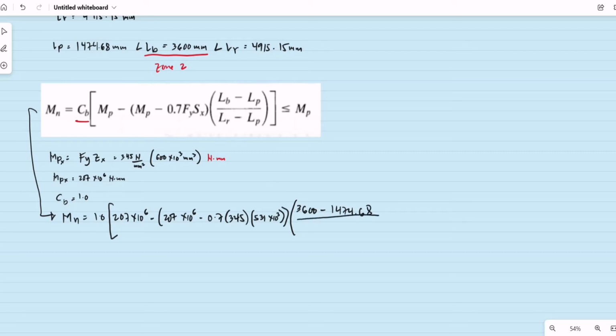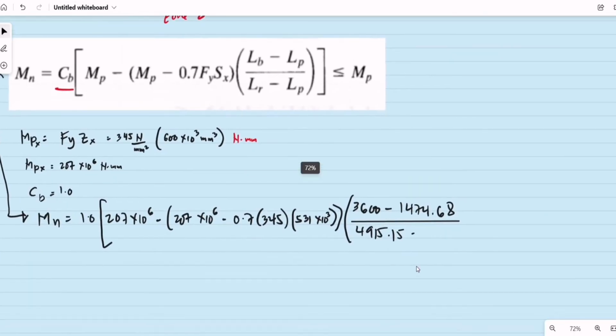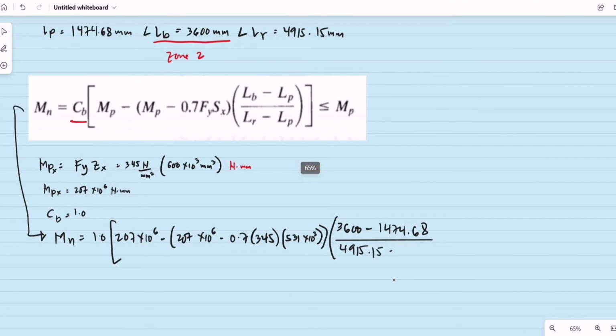Then to be divided by the L sub R. L sub R is equal to 4,915.15 minus the value of the L sub P. Sorry, this is 1,474.68. And it should be less than or equal to the value of our M sub px.